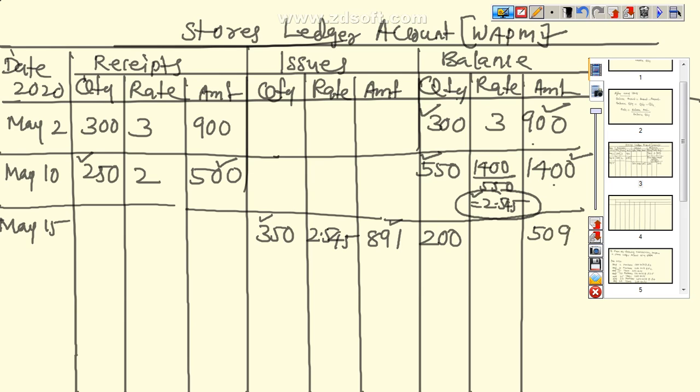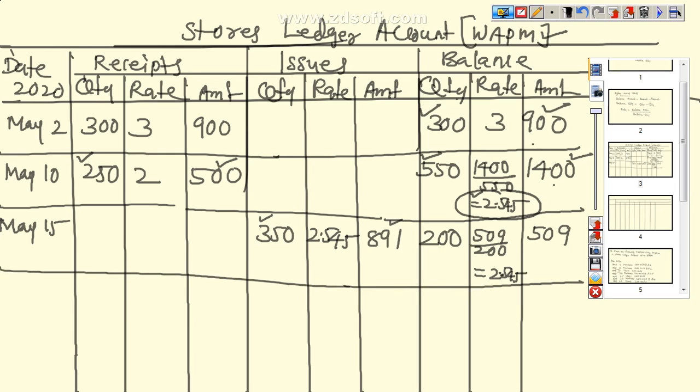Now again we calculate the rate, that is equal to 509 upon 200, that is equal to 2.545. Again the rate. This transaction is over.